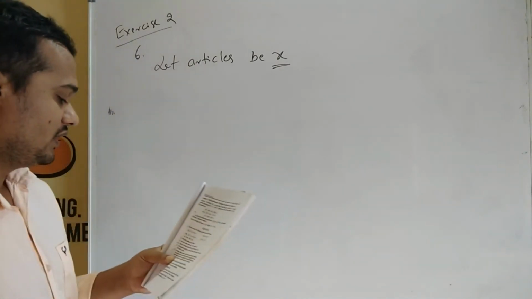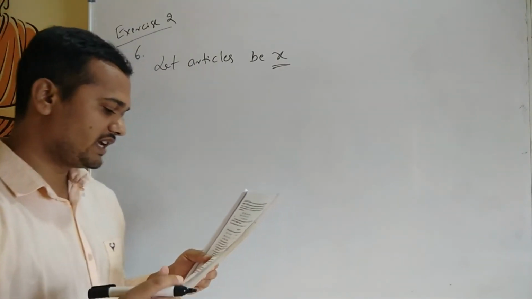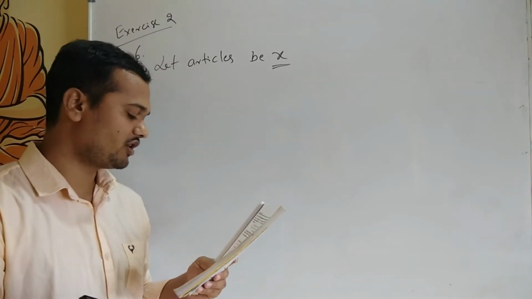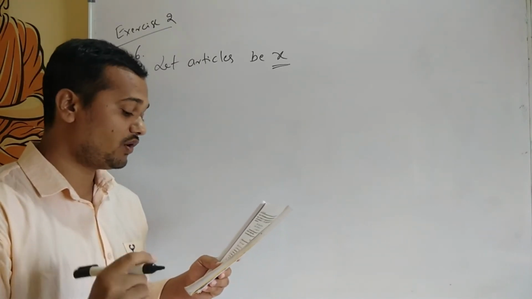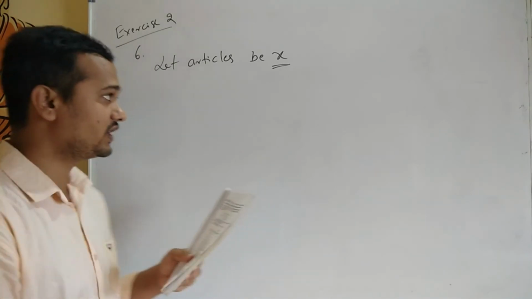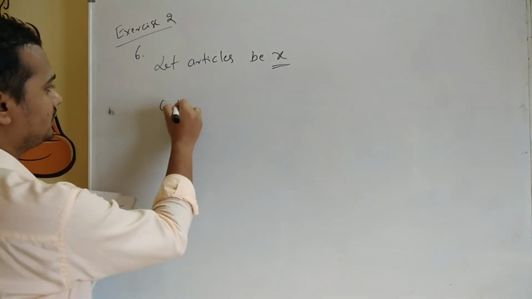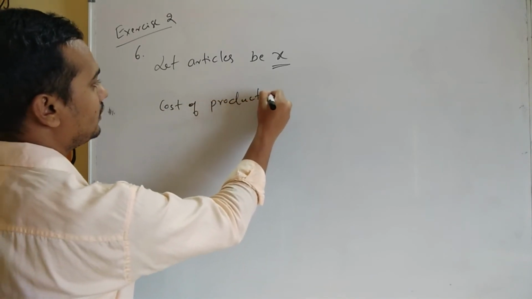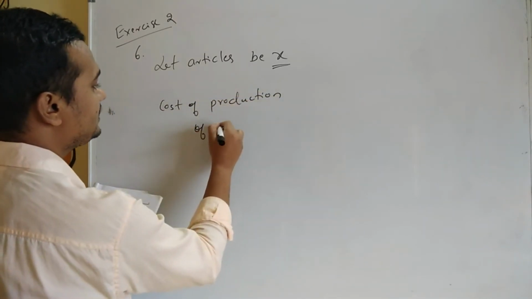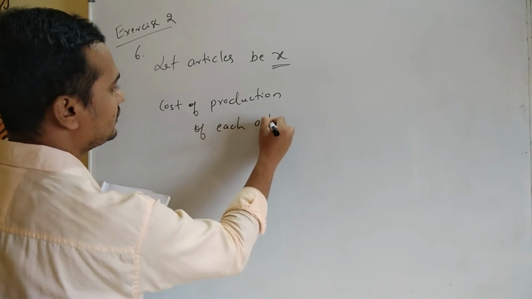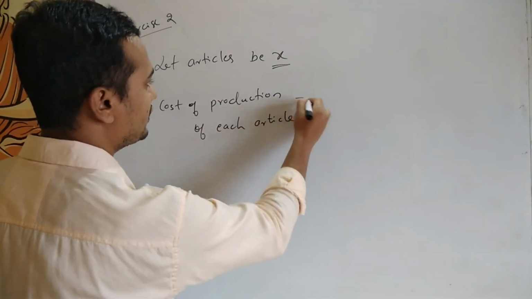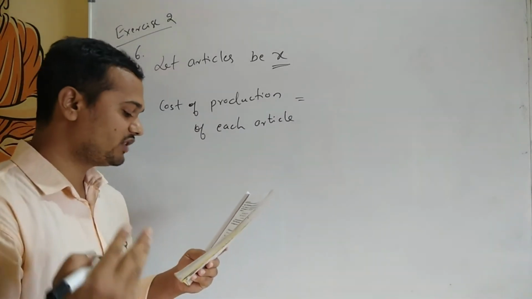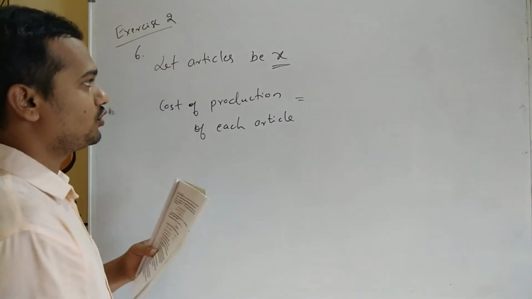So what is the given statement? It was observed on a particular day that the cost of production of each article, okay? So cost of production of each article is what? 3 more than twice the number of articles produced on that day.